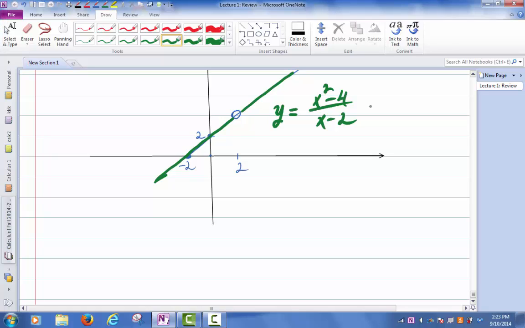One more example. Okay, let's go over one more example.